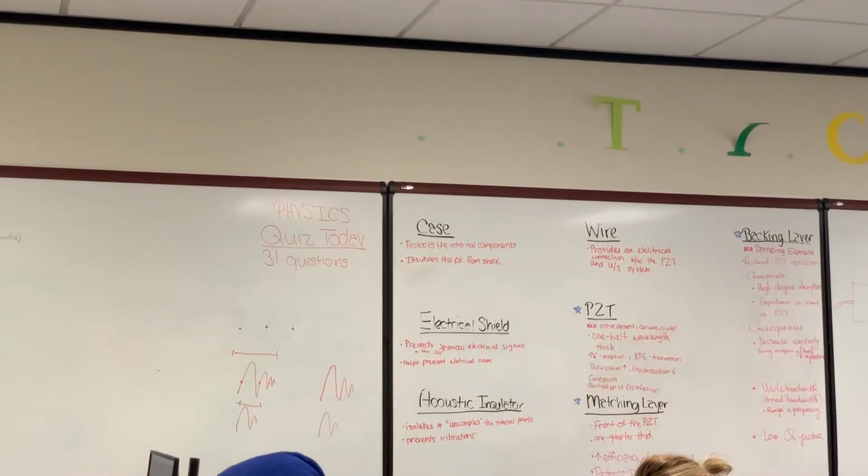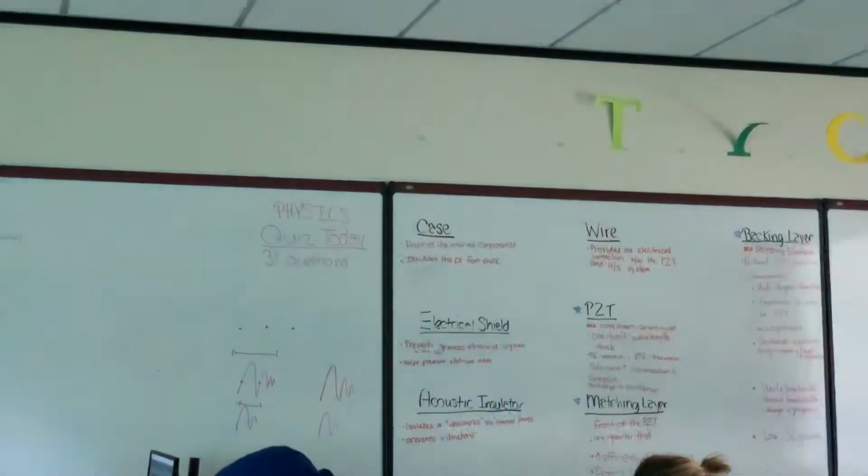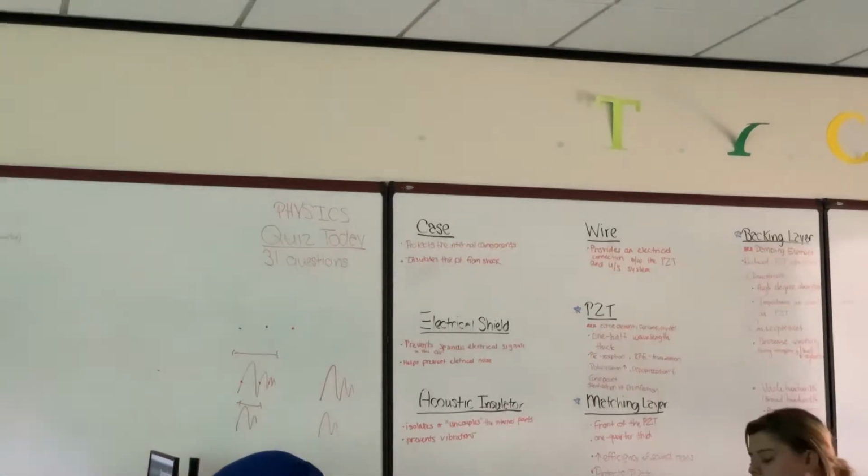All right? So back to our consequences, guys. We talked about 2 already. We talked about decreased sensitivity. Why? Because the backing material during reception, the transducer dampens the sound and is less able to convert those low-level sound reflections into electrical signals.